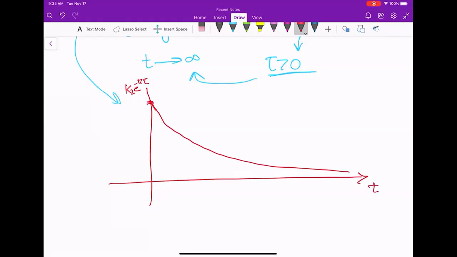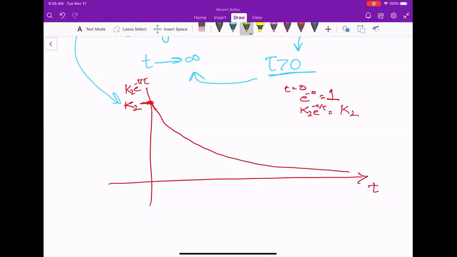What this value is, you know that if t is equal to 0, e minus 0 is equal to 1, and your k2 e minus t by tau is equal to k2. That's why this point is k2. And then you start from here as your time is increasing.